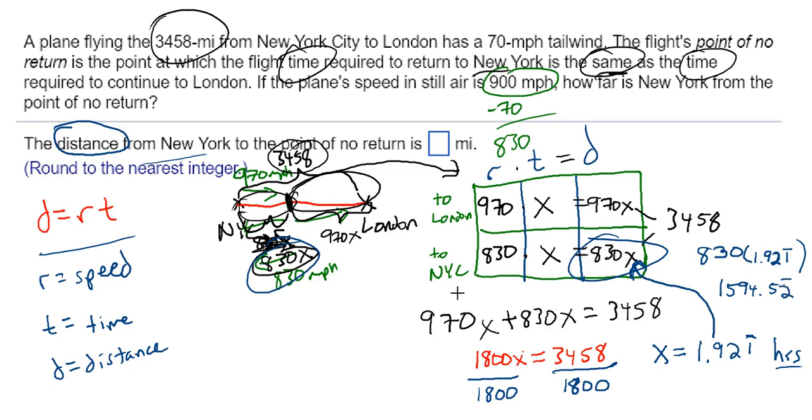And the problem says round to the nearest integer. So that means just round it to the nearest whole number, which, because that's a 5, we'll round up. So it'll be 1595.